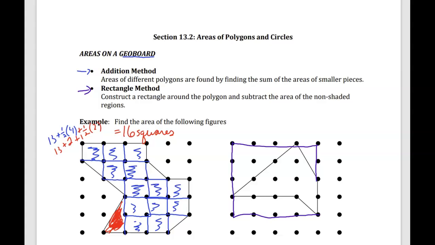So I've got 1, 2, 3, 4 times 1, 2, 3, 4. So 4 times 4 is, there are a total of 16 squares in here. But not all 16 squares are going to be accounted for. Okay? So I take out all of these squares that would be outside.